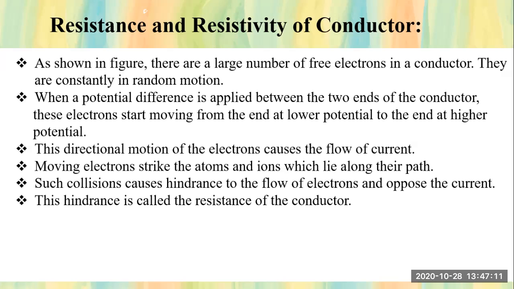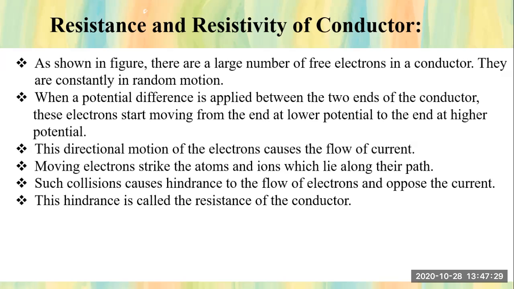When a potential difference is applied across the two ends of the conductor, these electrons start moving from the end at lower potential to the end at higher potential, right?